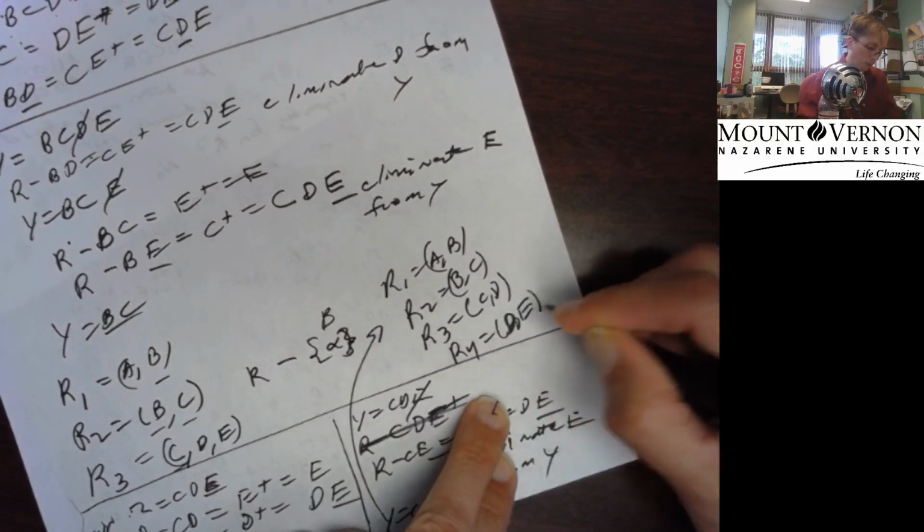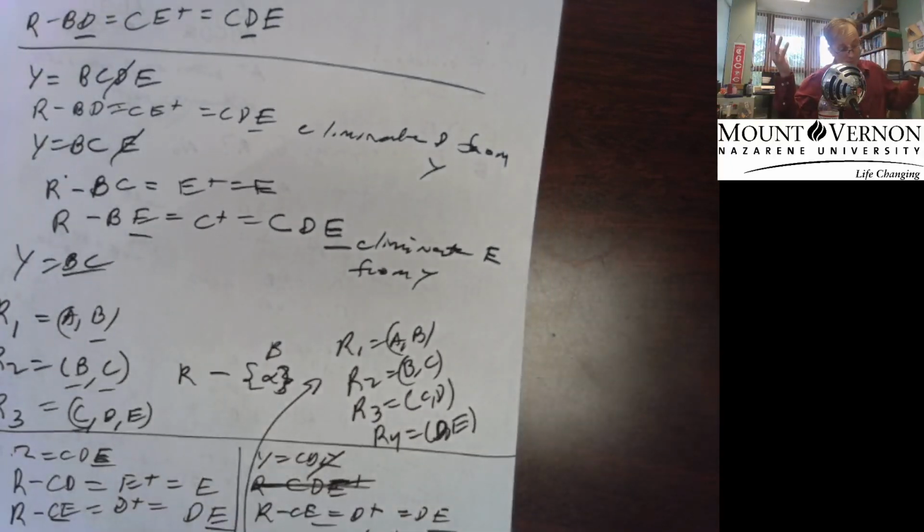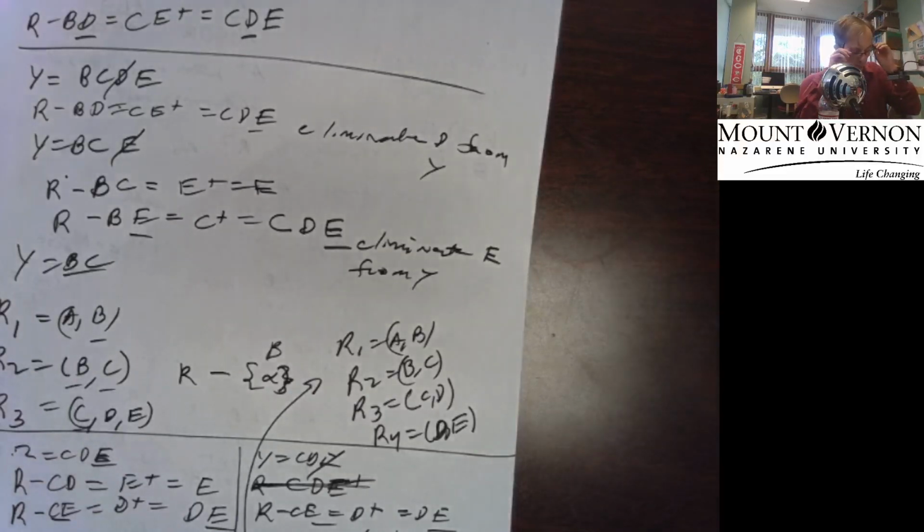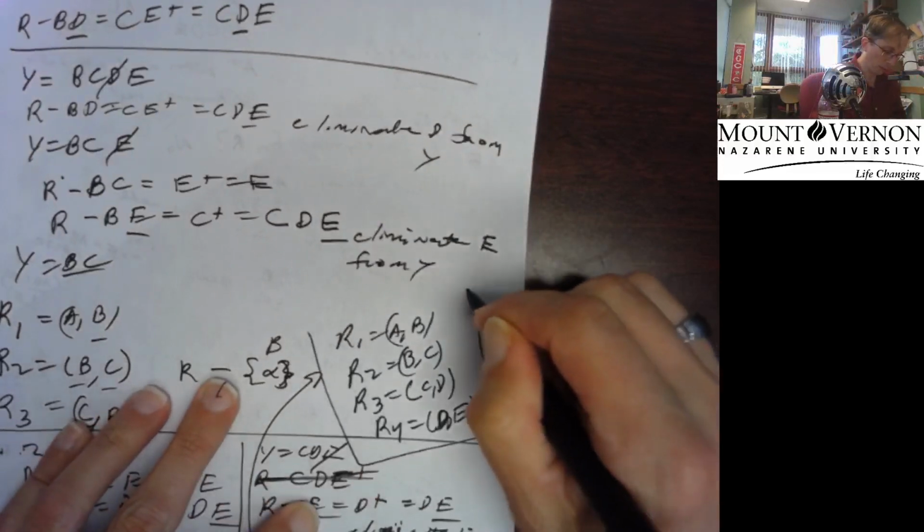Alright. Now, based on the original functional dependencies, I actually do believe that's dependency preserving in this case. Yes. So, in this case, it just happens to have kind of worked out. Right? So we have these four.